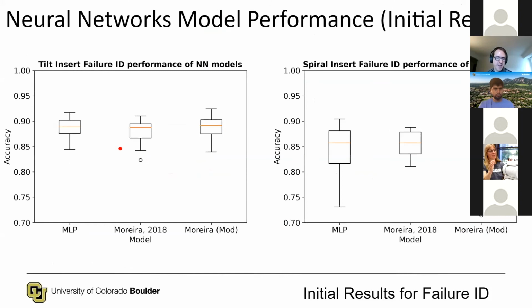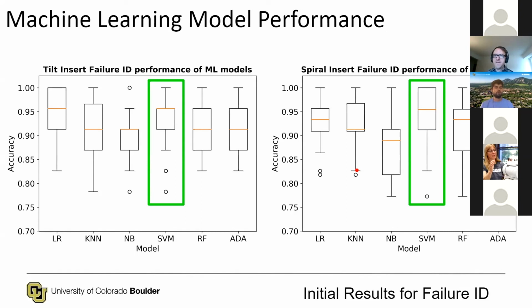So as you can see, all of these neural network models perform similarly, reasonably well, between 85 and 90% accuracy across trials. Spiral insert had slightly less accuracy, the greater spread. Actually, interestingly enough, Moreira performed slightly better than its own publication when applied to our problem, but our attempt at improving it didn't really result in better performance.